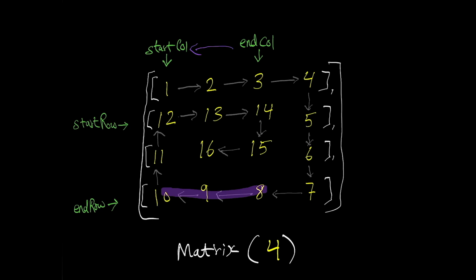And once the bottom row is complete, we would decrement the end row, so it will come over here, and then we would finally run a loop from end row to start row that would take care of the left side, the left column of the matrix.